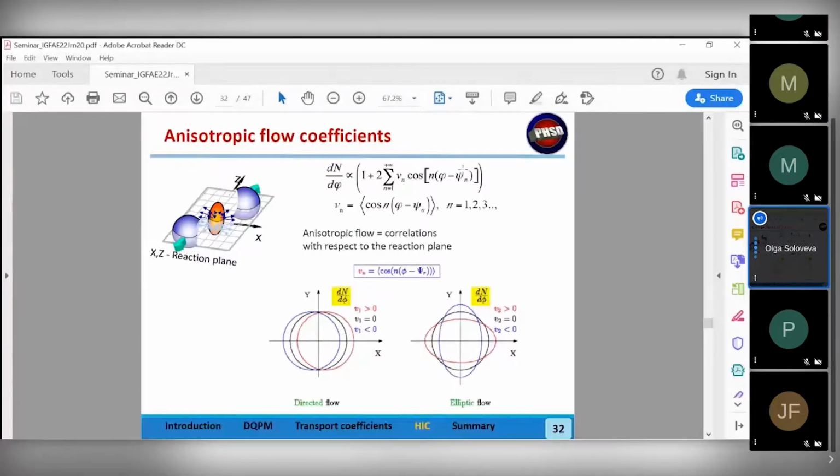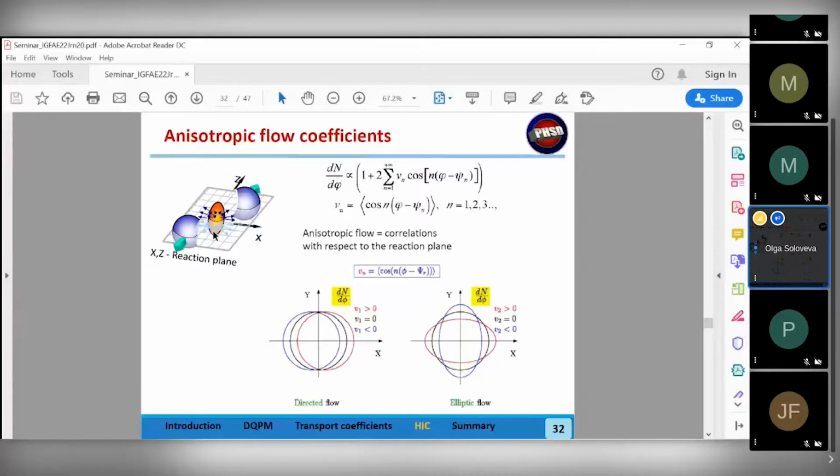Here, for example, you can see the collision of two nuclei, which are creating the fireball in the center, and the shape of this fireball can be related to this anisotropic coefficient.